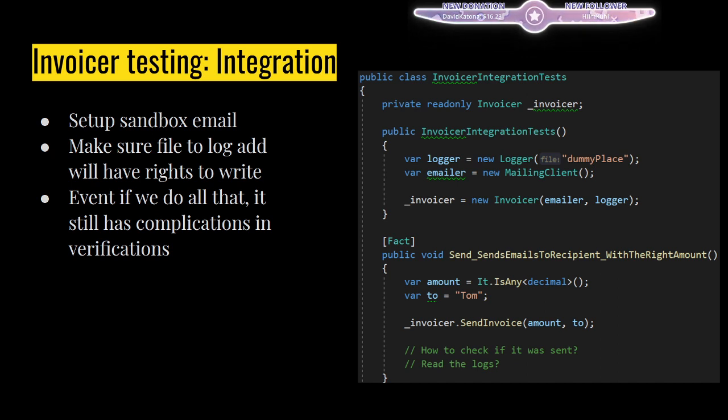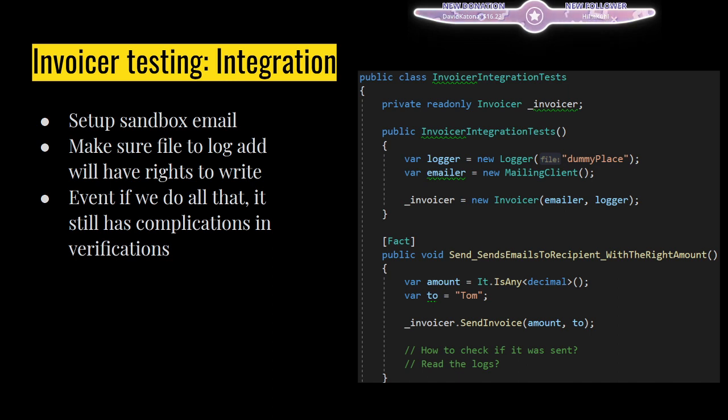If we write integration tests, and again, if we try to somehow test things as is, this time we'll stumble into problems. Here I created a logger which logs to some dummy file. Logger is not a problem. I can log to a dummy file.